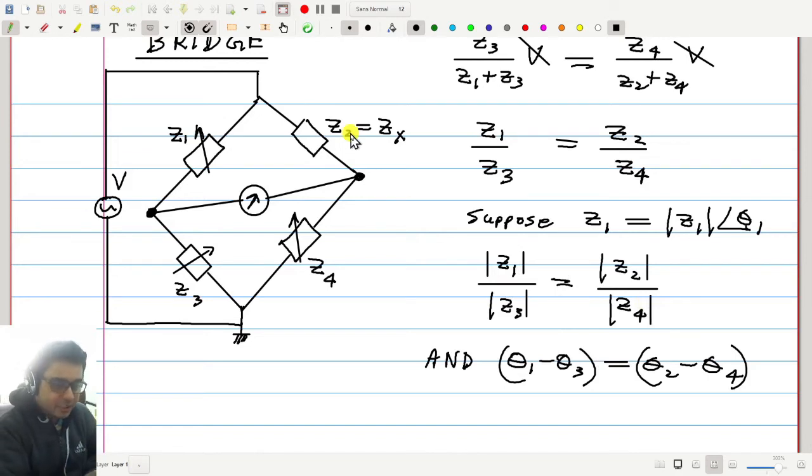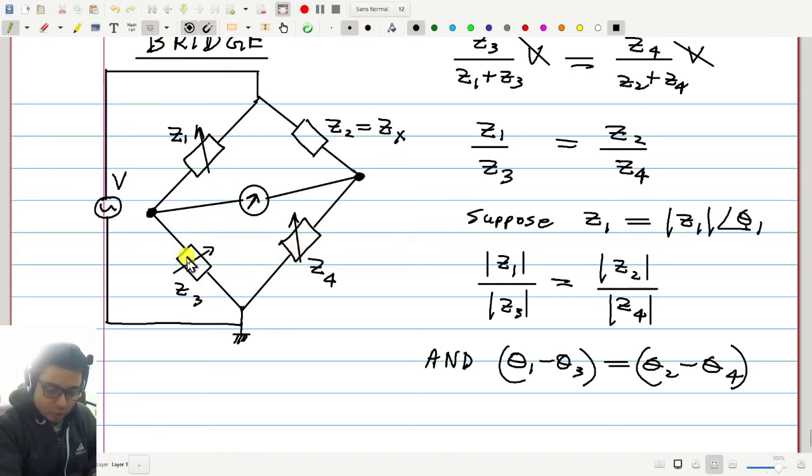But there is a difference from the Wheatstone bridge. In a Wheatstone bridge it is much easier to get it balanced. Here it is a bit difficult because all these are complex numbers.